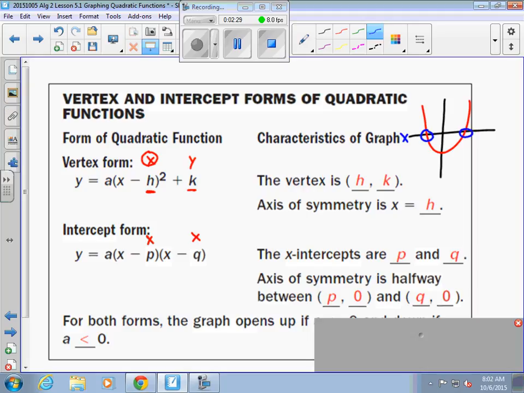So when it's in this form, it shows you the p and q values, where it crosses through the x-axis. If that said x minus 3, then one of the intercepts would be 3, and if the other said x minus 8, the other one would be 8. So it crosses at 3 and 8.